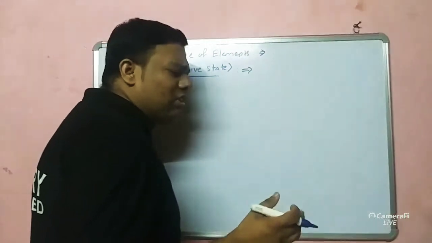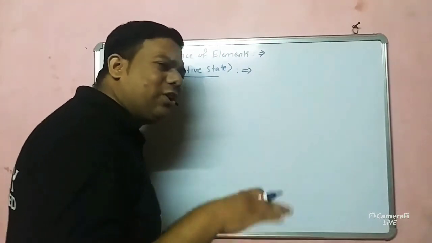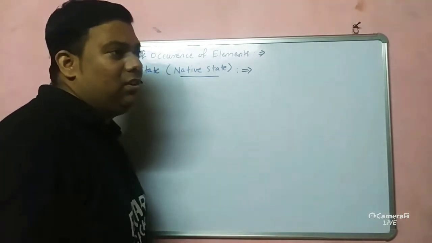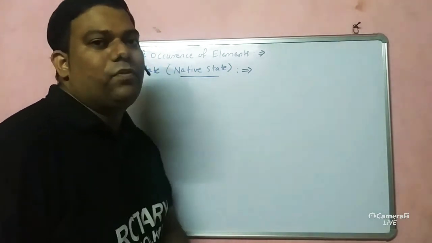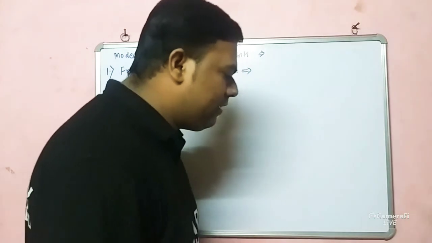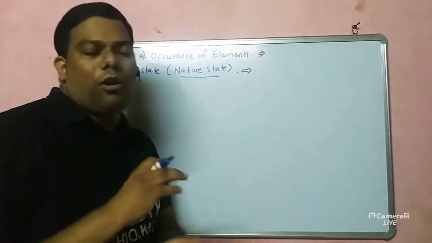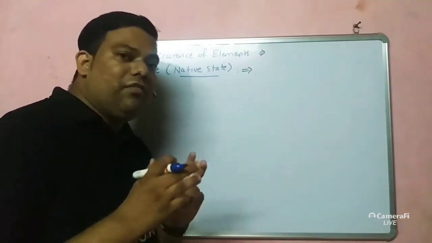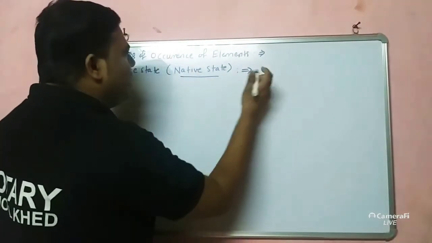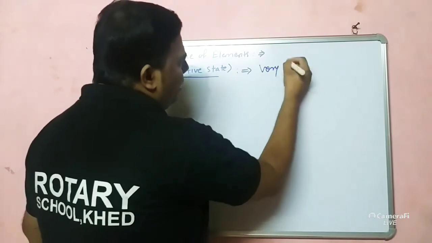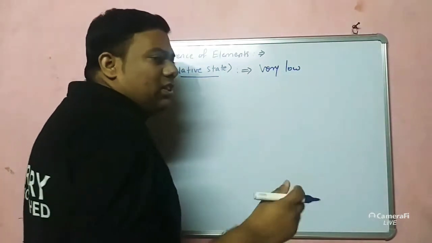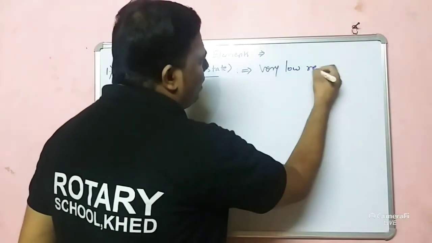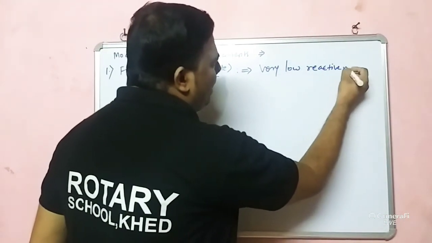Low reactive means they are generally not attacked by air, oxygen, moisture, any acid, or any non-metal such as carbon or nitrogen. These are not attacked because of very low reactivity. So free state means these are the metals from which extraction is done, very low reactive metals.